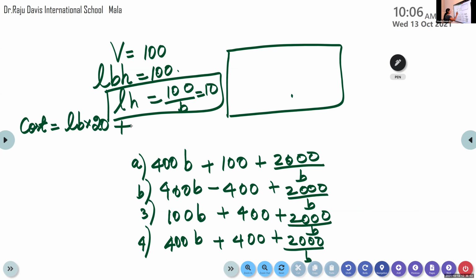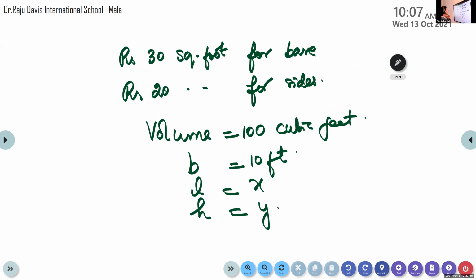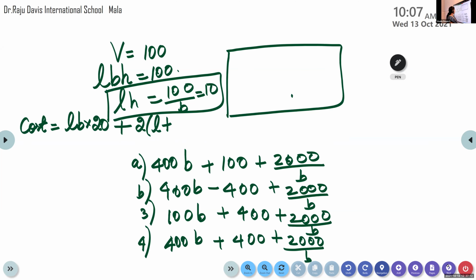For the base, it is 30. Yes, it is 30. LB into 30. Then, what about the side walls?